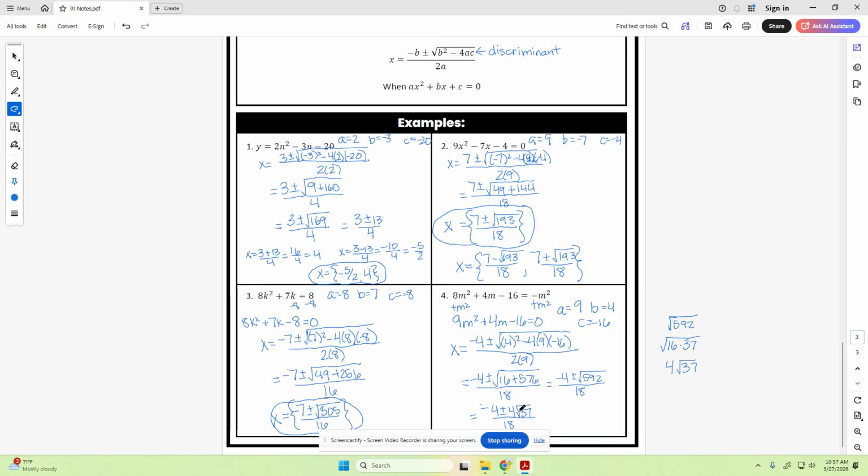What can make some of these that you see on the medium and the spicy extra tricky is after you simplify the radical, you also have to check to see, would this fraction simplify? And what you're looking for there is, is there a number that goes into this negative 4, this 4, and this 18?